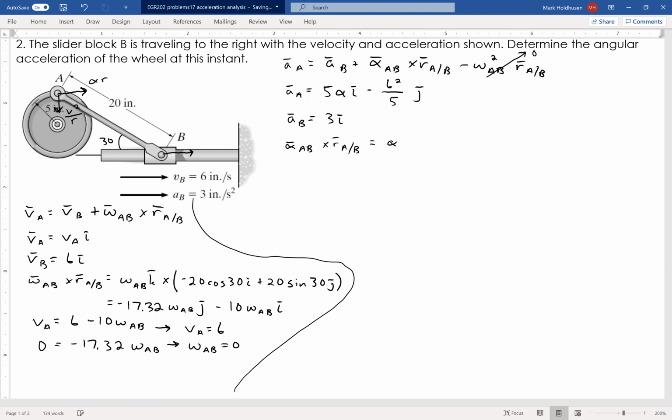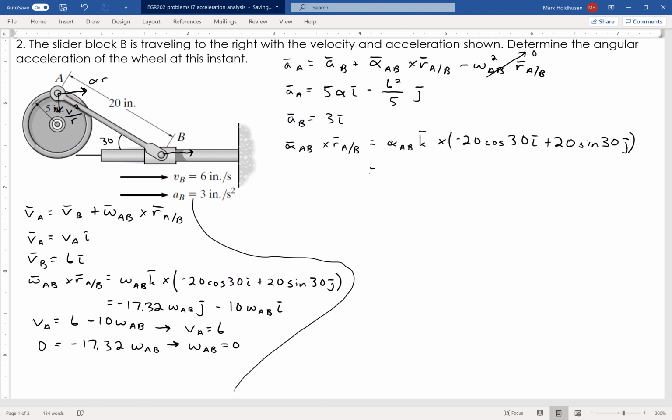So that's going to be alpha AB in the k, and then that's going to be crossed with that same r vector that I had previously, which would be negative 20 cosine 30 in the I plus 20 sine 30 in the j.